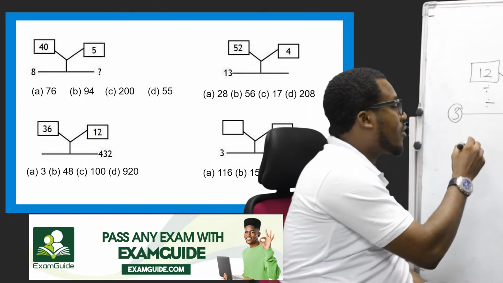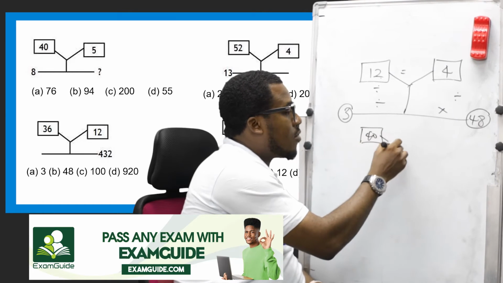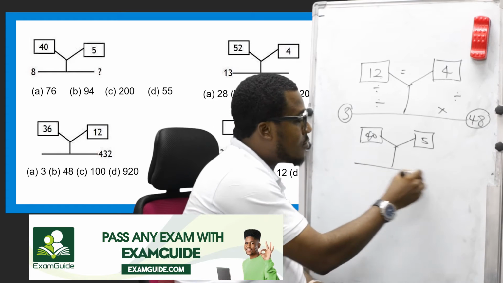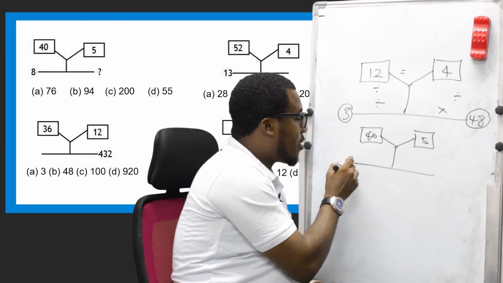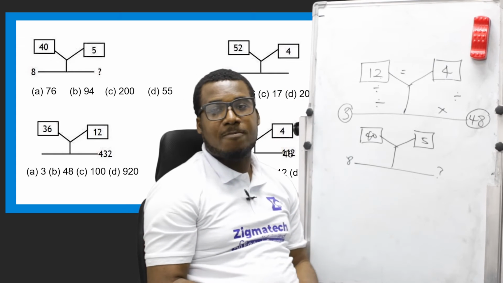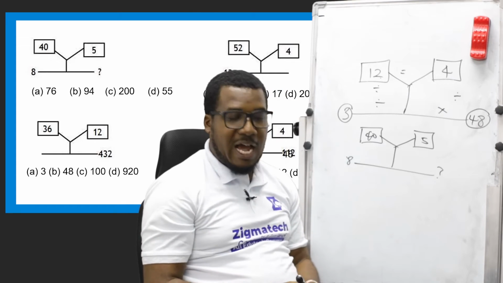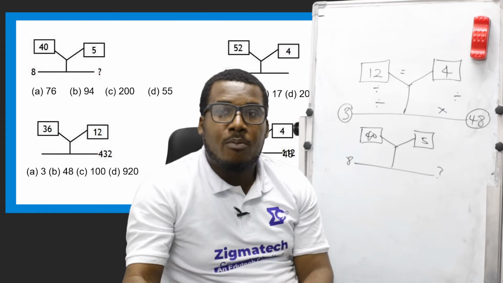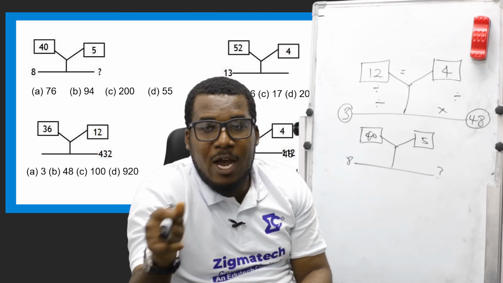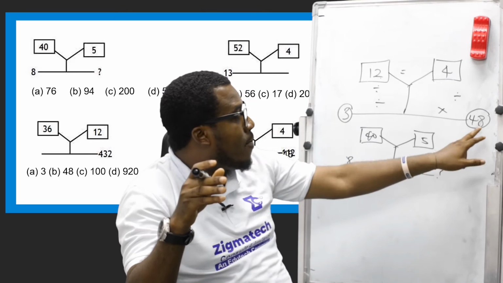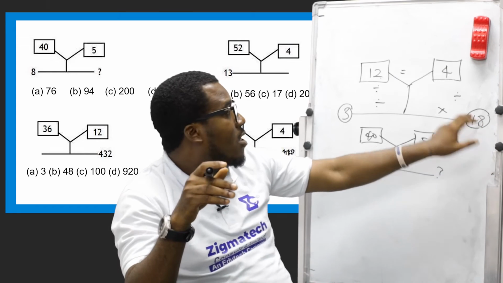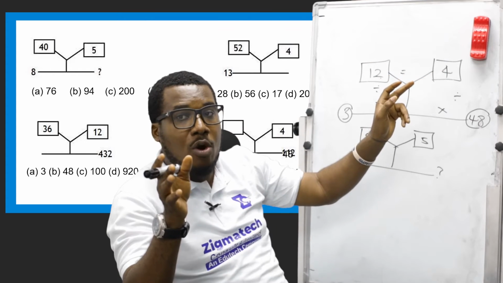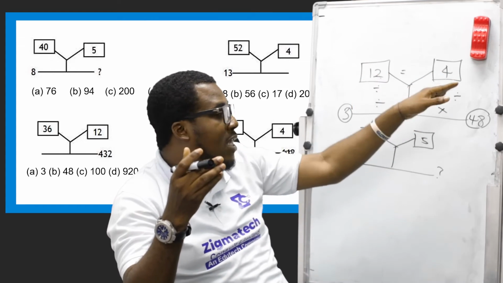So the question is 40, 5, then 8, and they're asking us for this place. If you apply our earlier logic, because we're looking for the number here that is supposed to be in this place, you usually multiply this to get this, or you can multiply this any way. It's the same thing. Either 4 times 12 or 12 times 4 will give you 48.